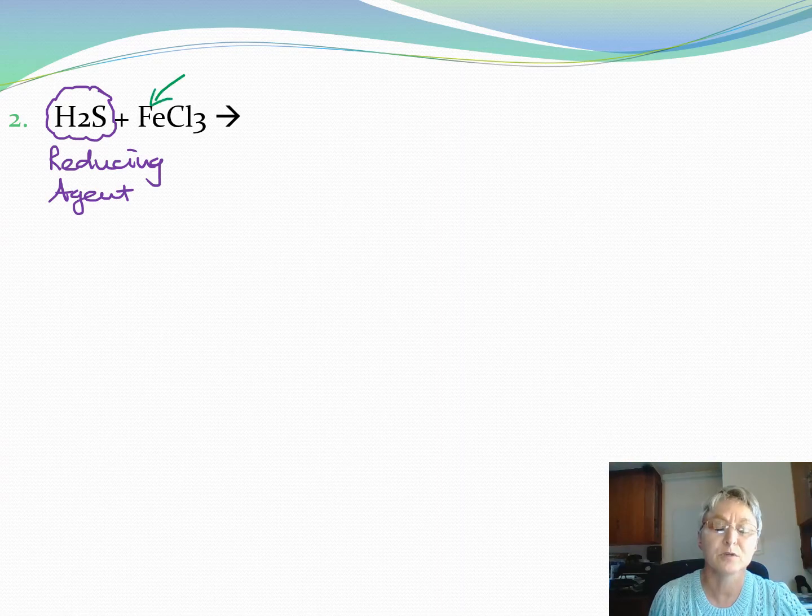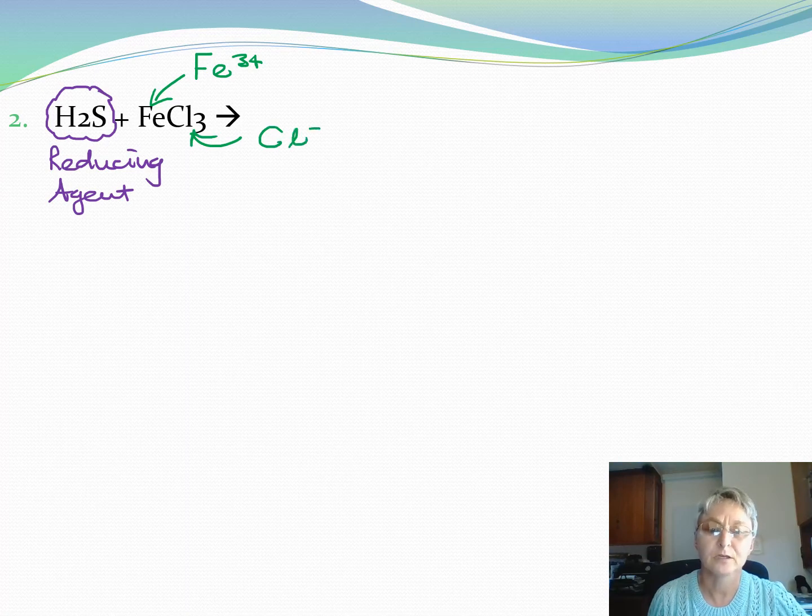Because it's an ionic bond, you'll have Fe3+ in this compound, and you'll have Cl negative. Now the Fe3+, you will find more than one Fe3+ entry on the table, but they are all the oxidizing agent.